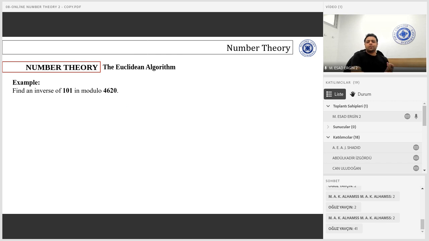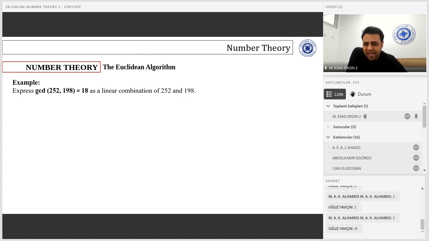Okay, for example, find an inverse of, actually, I'm going to do this one sometime later, not here. So express the GCD, the greatest common divisor, of 252 and 198.